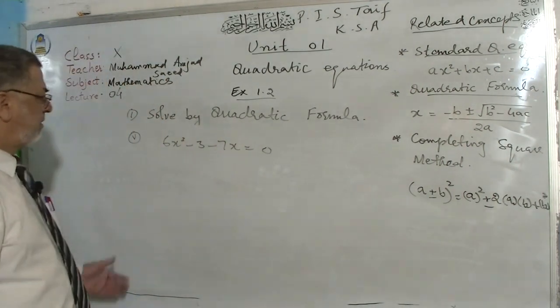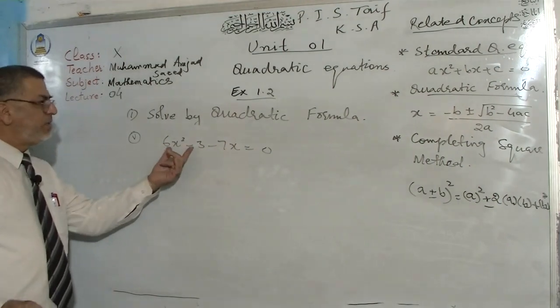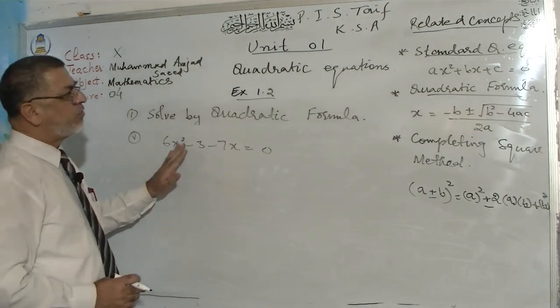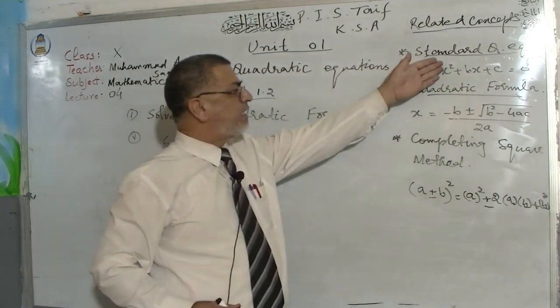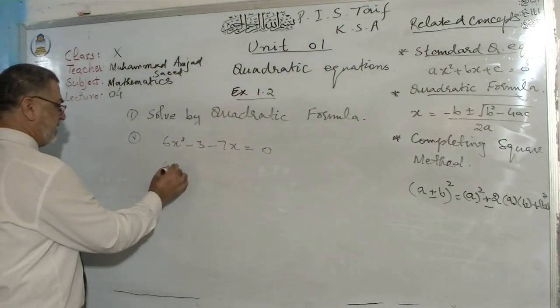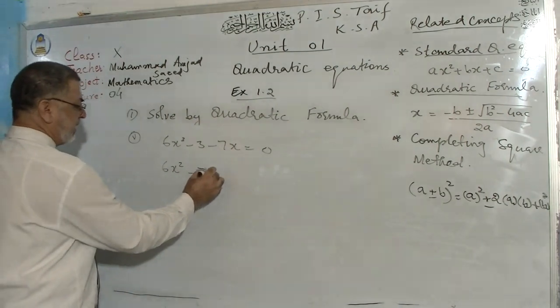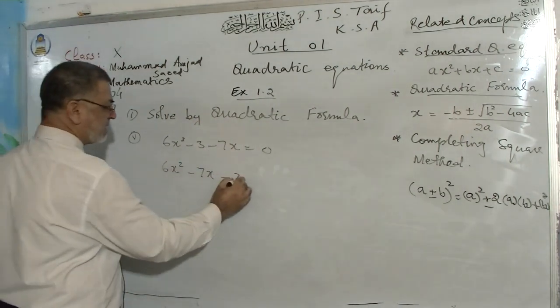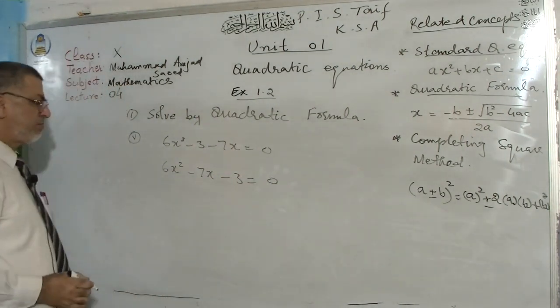First of all, I told you, first of all you will write down your quadratic equation as a standard quadratic equation. In this way you will write down the first term as the x squared term, then the x term, then the constant at the end.